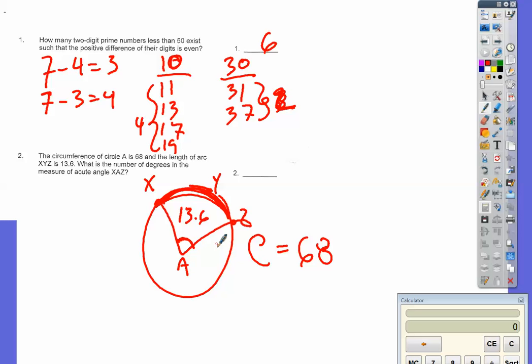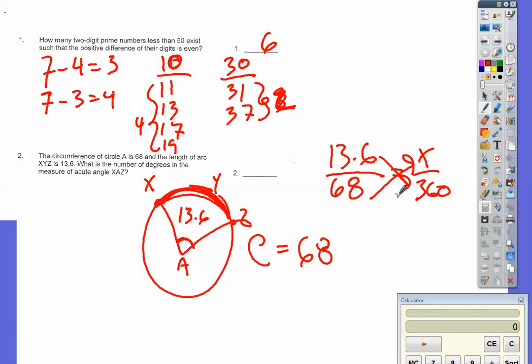So all we have to do is set up a proportion. We know that 13.6 over 68 is going to equal x over 360, because that's the entire degrees of the circle. So cross multiply.